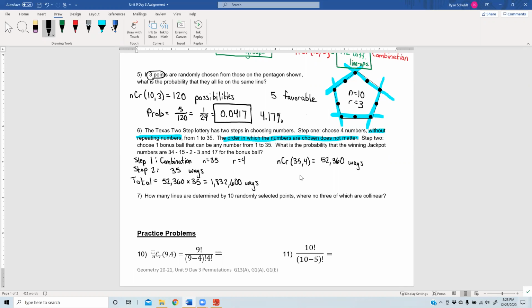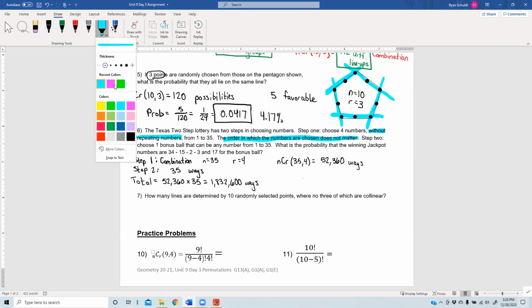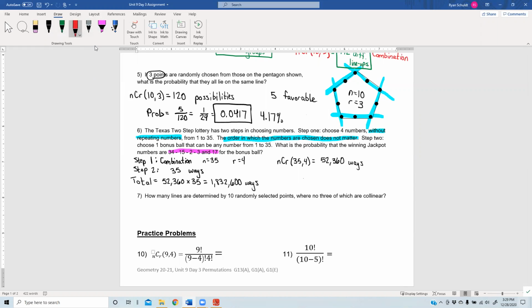But it doesn't stop there. But wait, there's more. What's the probability that the winning jackpot numbers are 34, 15, 2, 3, that's your group of 4, and then 17 for the bonus ball? Well, how many outcomes is this?